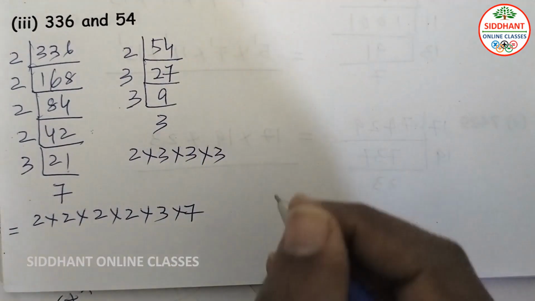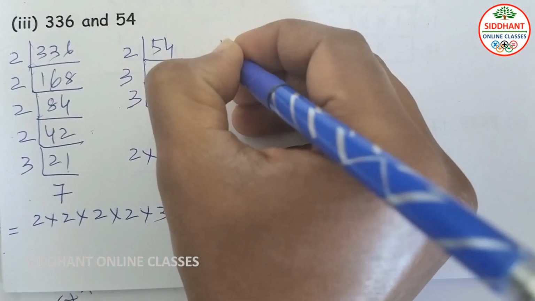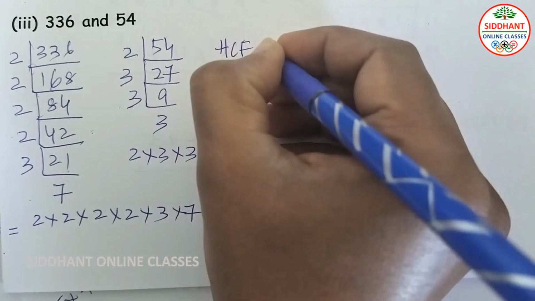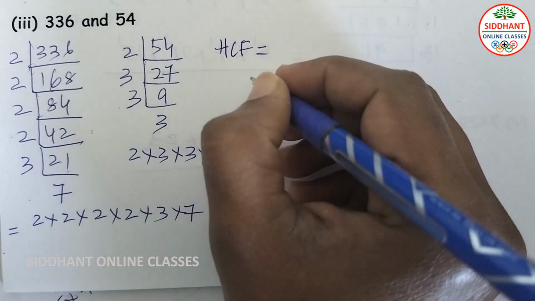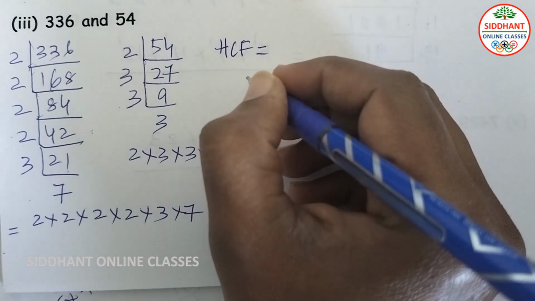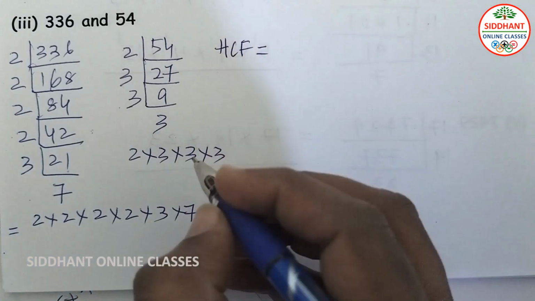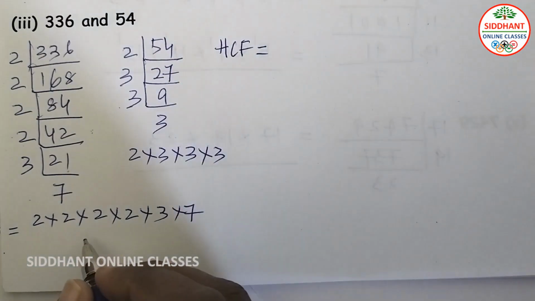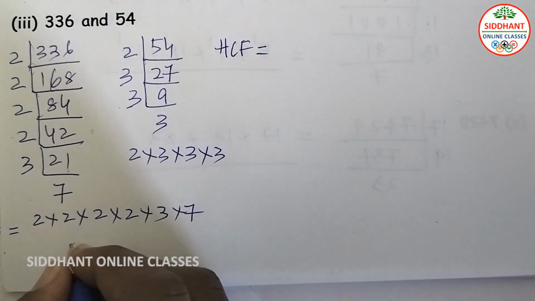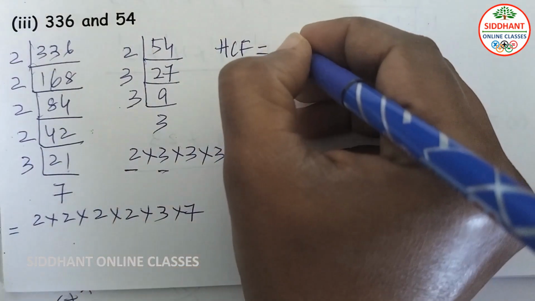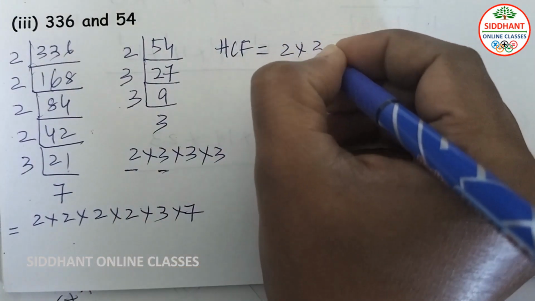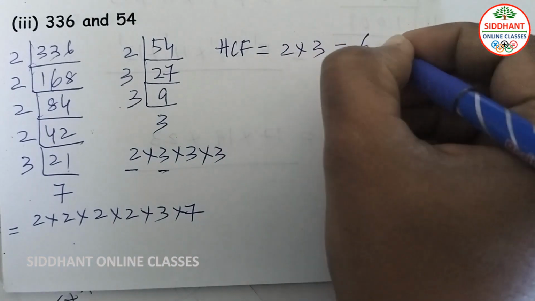Now the HCF is the product of the smallest common factors. Here 2 is common and 3 is common, so 2 into 3 will be 6.